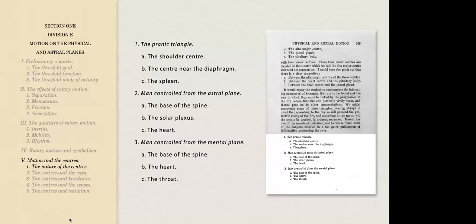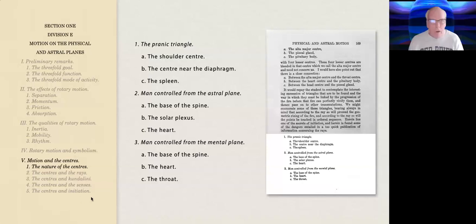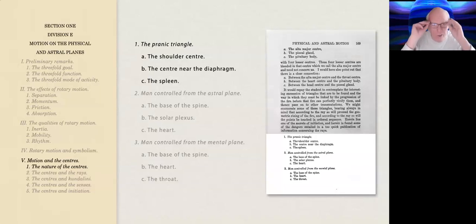Thank you. Okay, the first triangle functions for all who are in incarnation, irrespective of their level of attainment. It blends with the fires at the base of the spine as evolution proceeds.